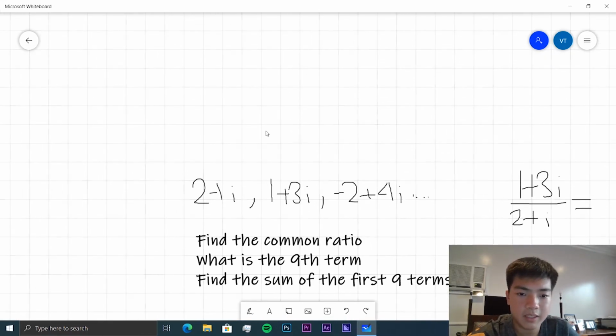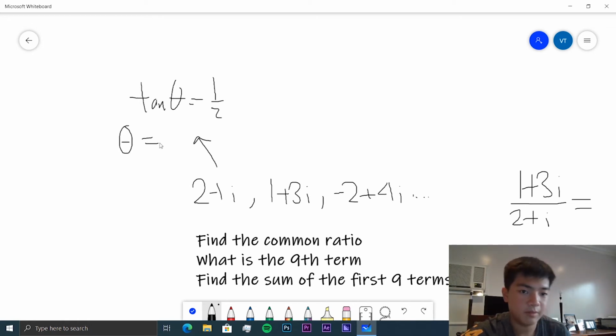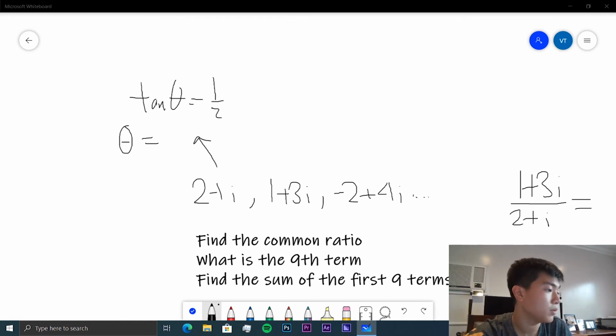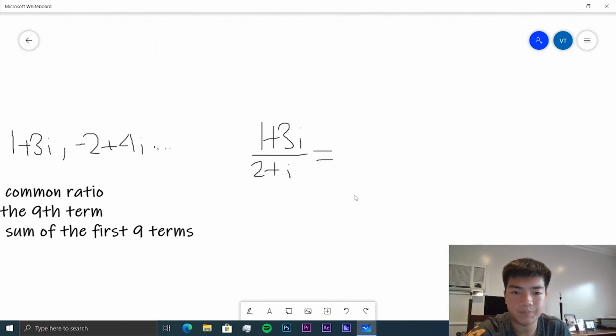So can we convert each of these terms into a geometric form? So we have tan theta is equal to 1/2. Actually, maybe not. Maybe let's just solve this Cartesianally.